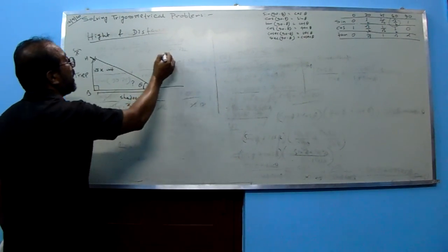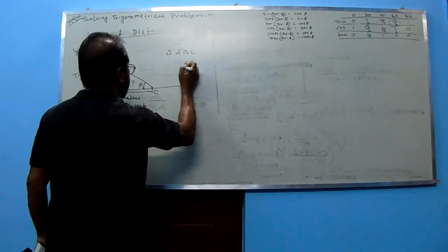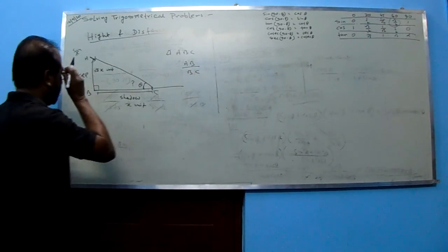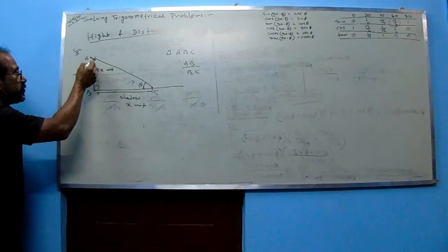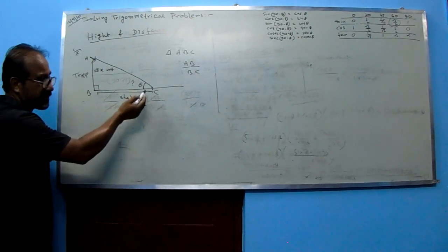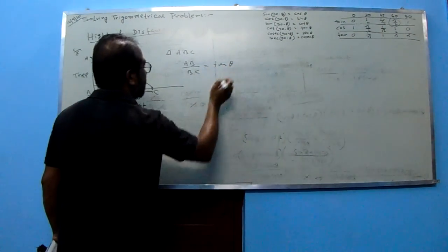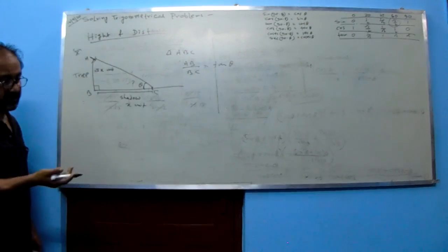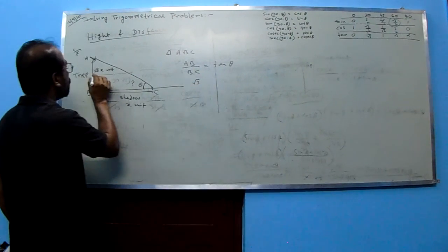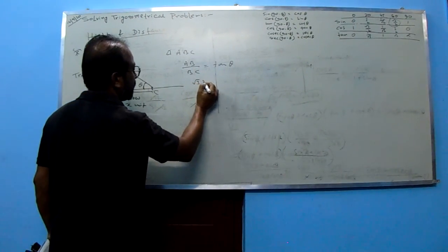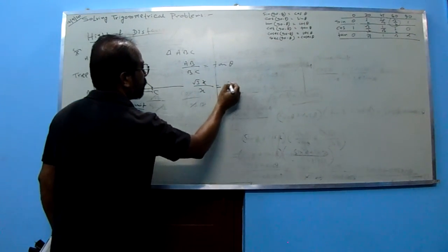In this triangle ABC, AB by BC: according to this angle, AB is the perpendicular and BC is the base. So AB by BC equals tan theta, perpendicular by base. AB is root 3x, BC is x, equal to tan theta.